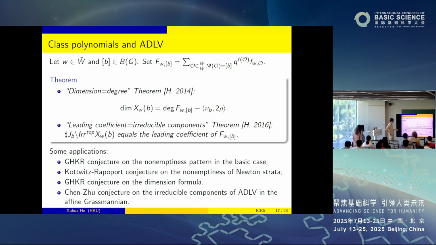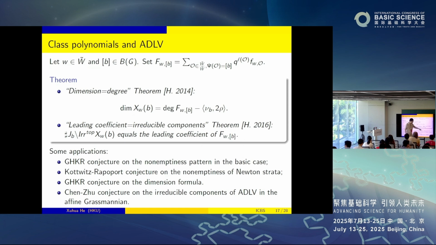Basically it says that if you take into account the difference between the constructible classes and the GIT quotient, and we sum up over the fibers, then the dimension of the affine Deligne-Lusztig varieties equals the degrees of the class polynomials up to a shift of this number.